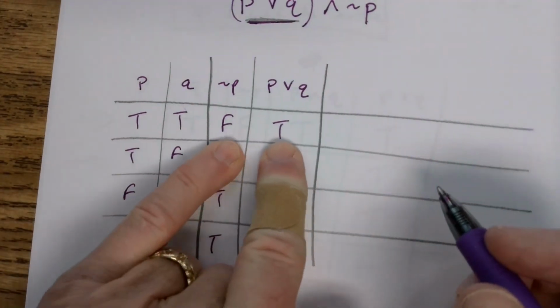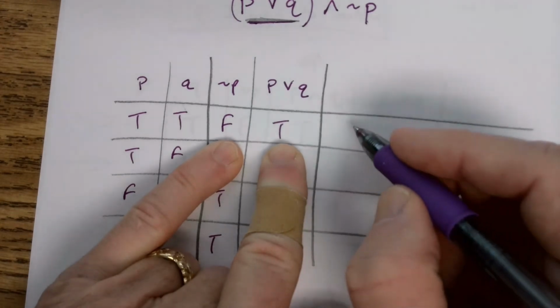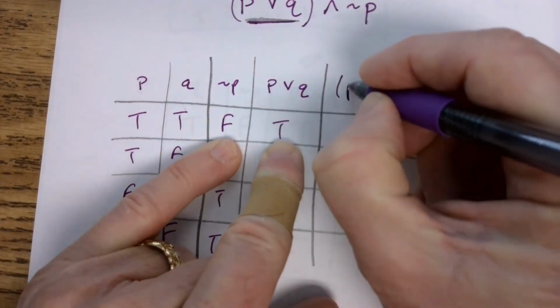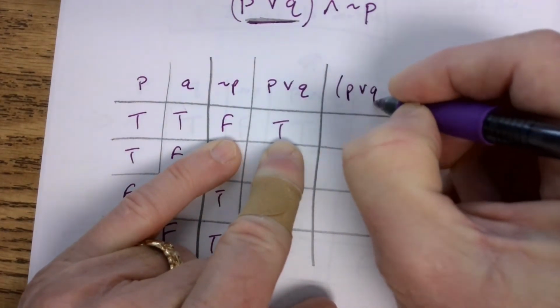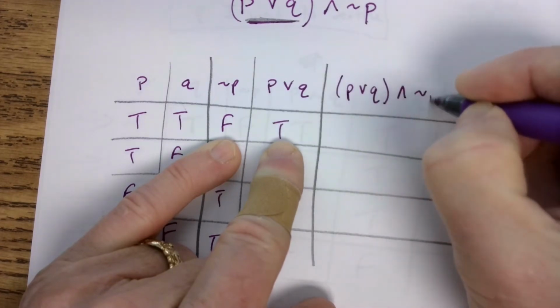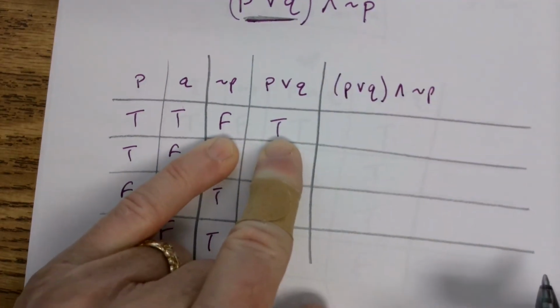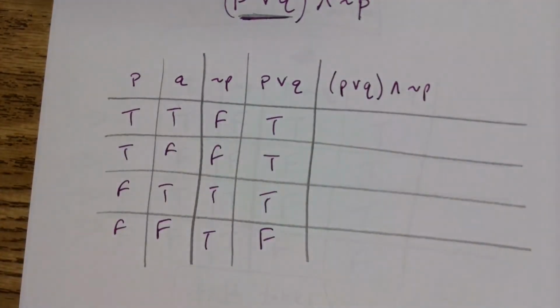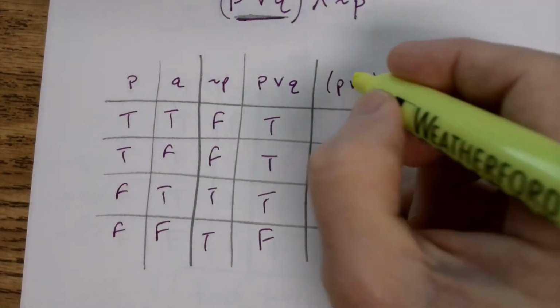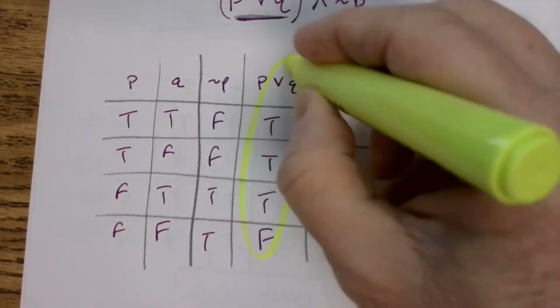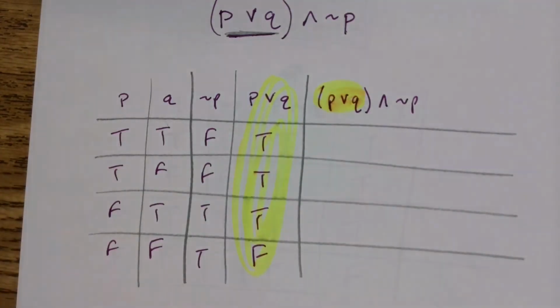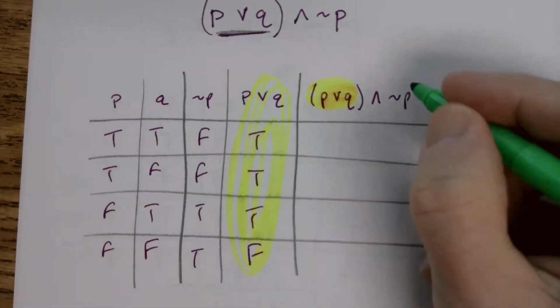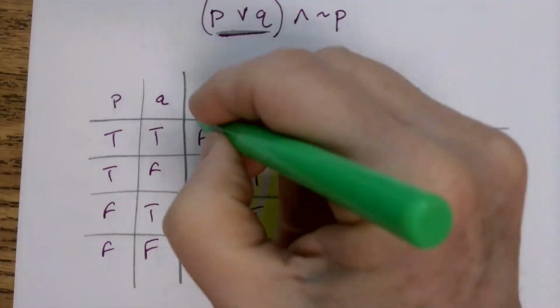This is P or Q and not P, so this is our final answer. We have the left side, the parentheses right here, and we have the right side right here.